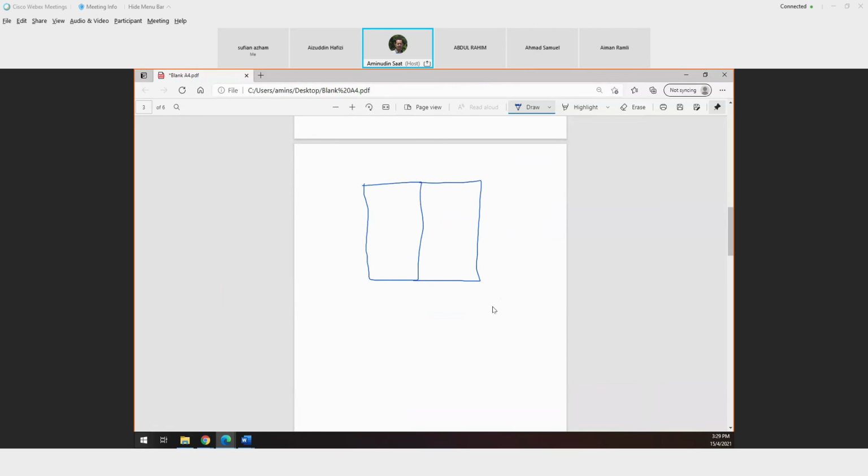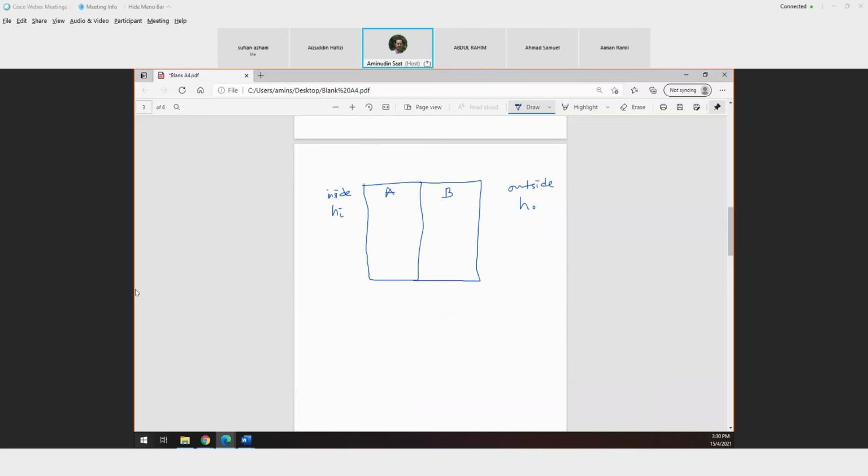Okay, let's say this is metal A, this is metal B. This is the surrounding, this is inside, this is the outside. So where you have the h inside and the h outside.